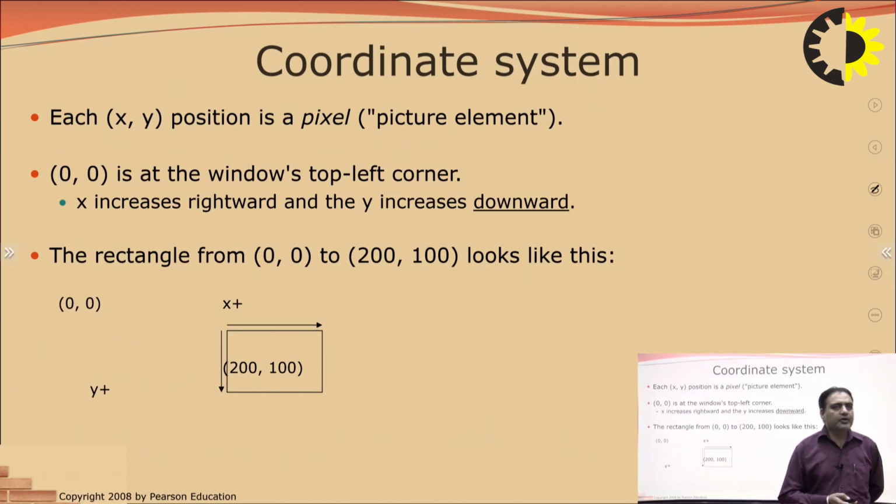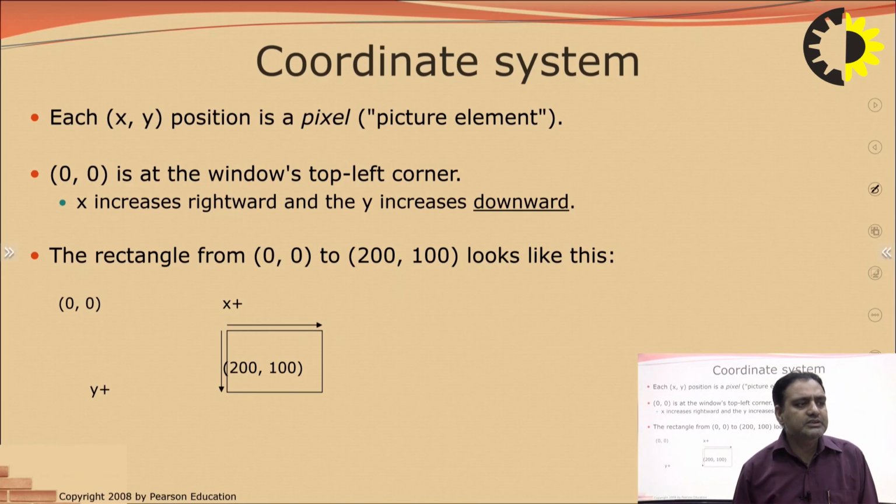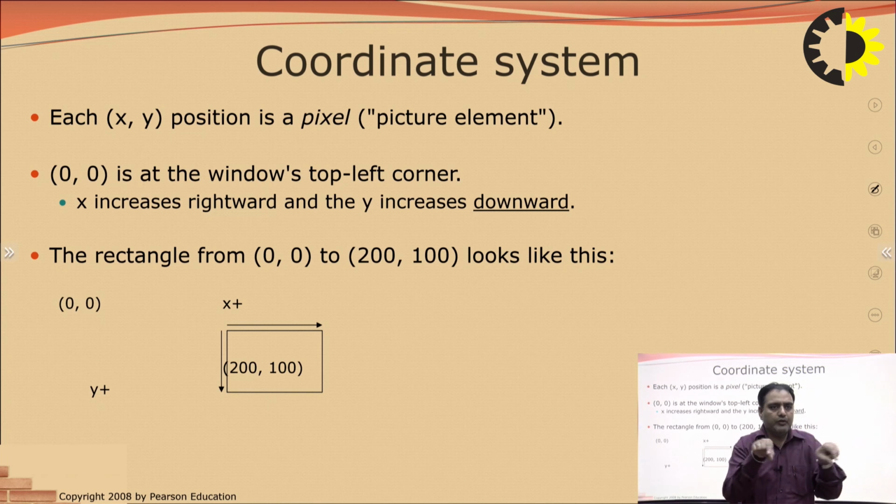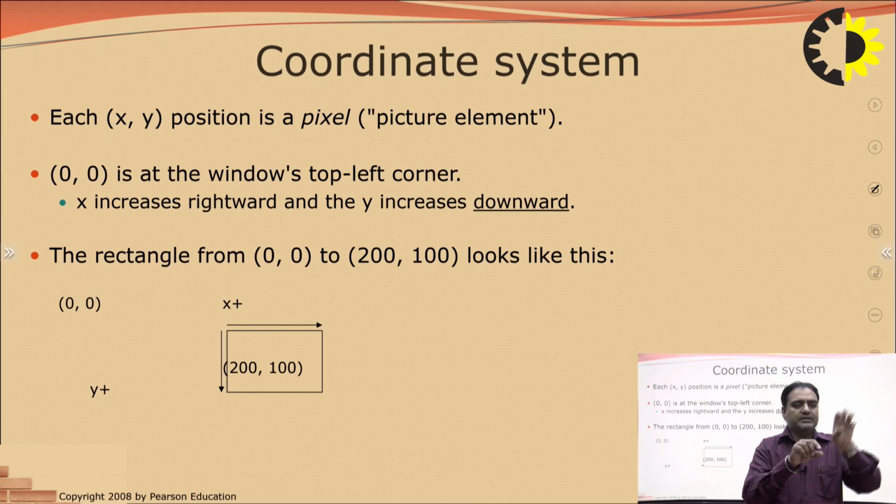Coordinate system: each xy position is a picture element. 0 is at the window's top left corner. Means here you can say in the picture that 0 is the window's top left corner.